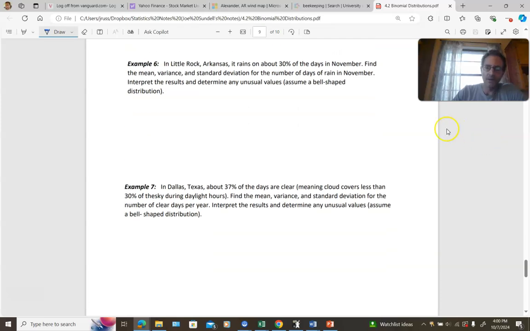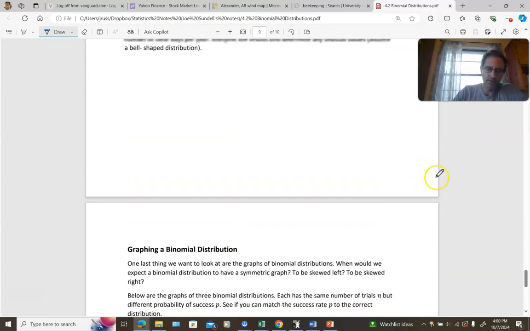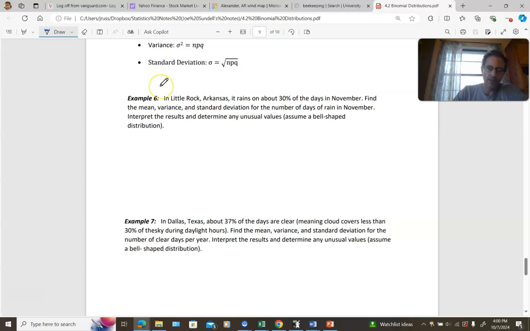All right, so let's go ahead and look at example 6 here. It says in Little Rock, it rains on about 30% of the days in November. Find the mean, variance, and standard deviation for the number of days of rain in November.